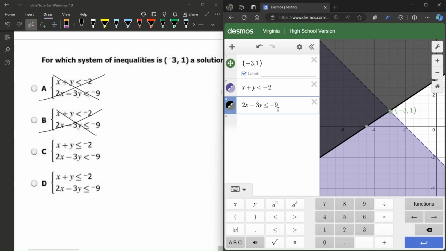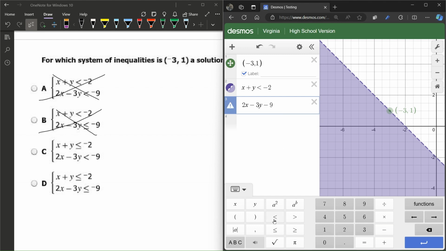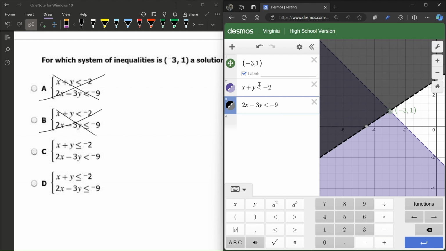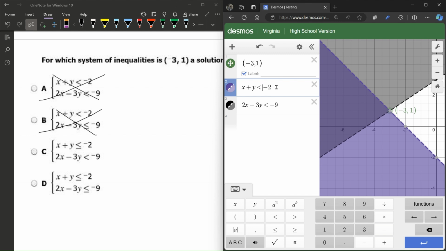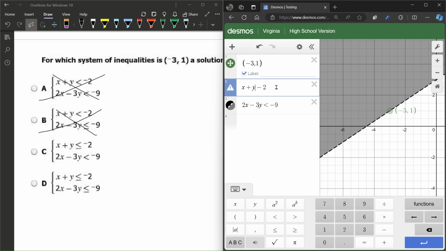So I'm going to adjust 2x minus 3y to a regular less than sign, and my x plus y is now a less than or equal to.